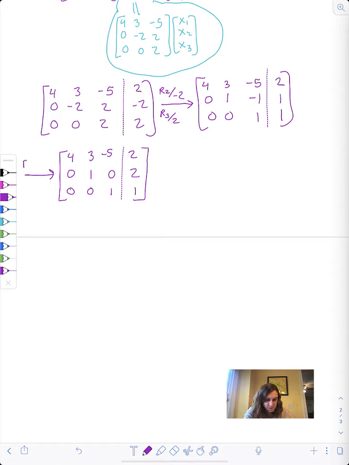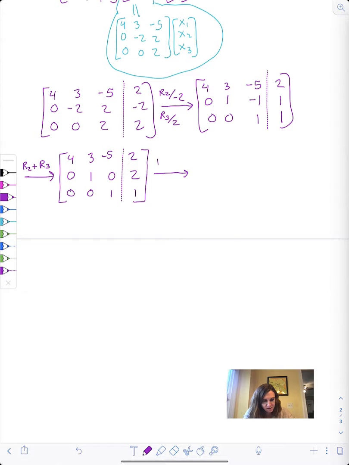So we do row 2 plus row 3, and that I believe is correct. Now let's do row 1 minus 3 row 2 and see what we get. 4, 0, that negative 5 stays the same, and we get 2 minus 6, which is negative 4.